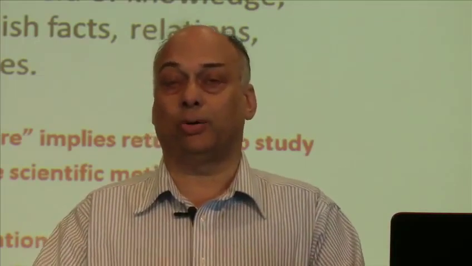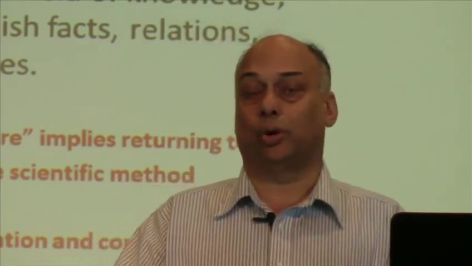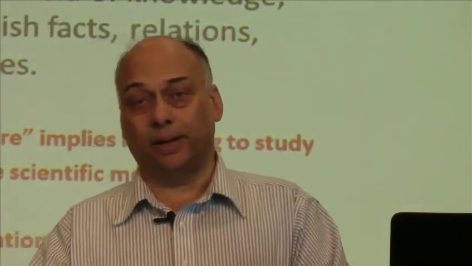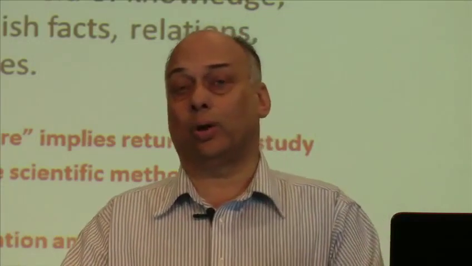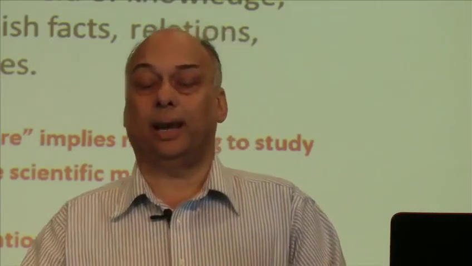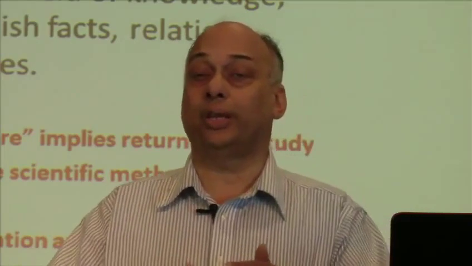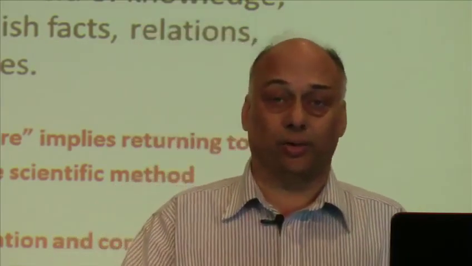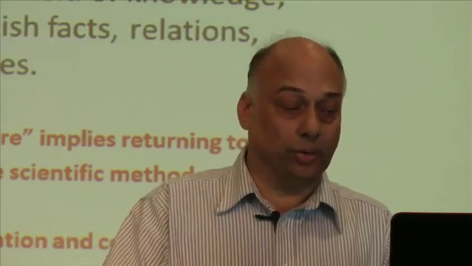So once we move out of the field of description to understanding research as explanation and correlation, we are also talking about identifying variables, in other words, factors which change, and finding how they change in relation to each other. If we know clearly that certain factors are related to other factors, what is the nature of that relation? How does the change in one affect the change in the other? That is correlational research.